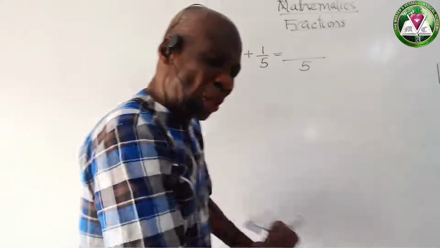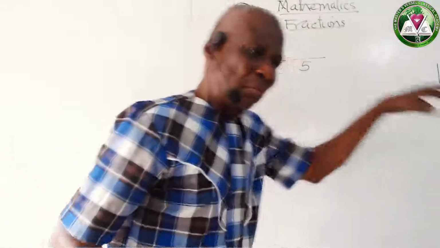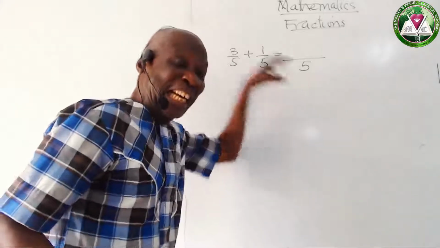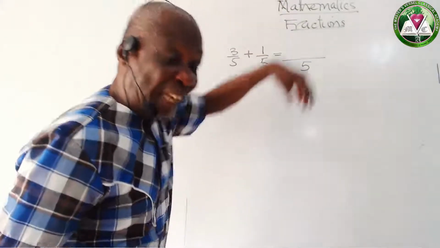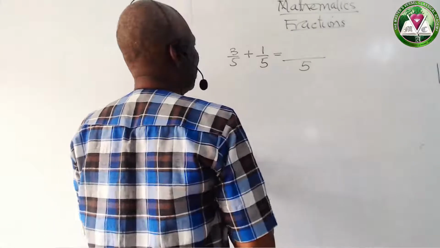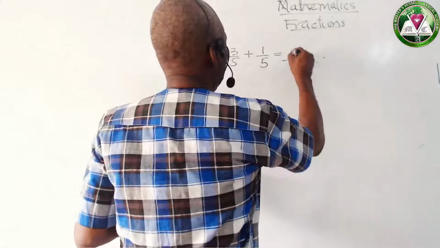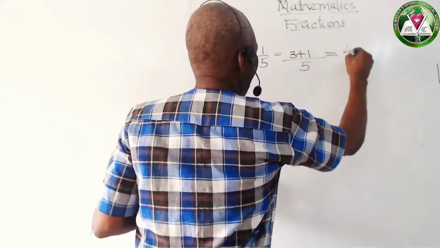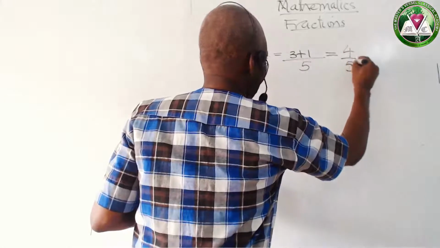You have shared something into a number of portions. How many are you taking? You shared them into 5. Then how many are you taking? Selecting numerator. That is where the addition comes in. Then you have the first one, 3 of it. The second one, 1 of it. So that is going to give you 4 out of the 5 of them.